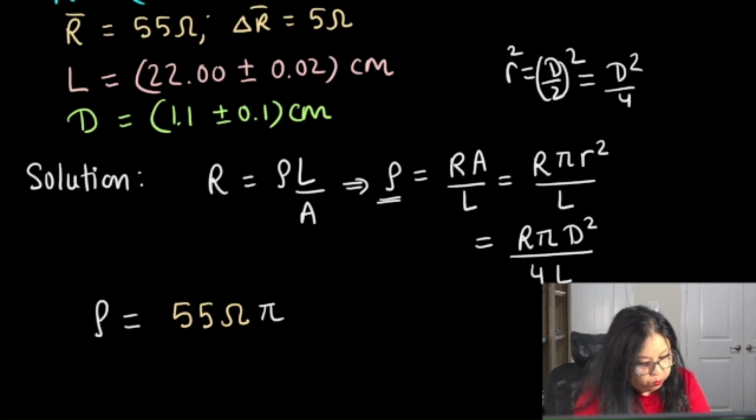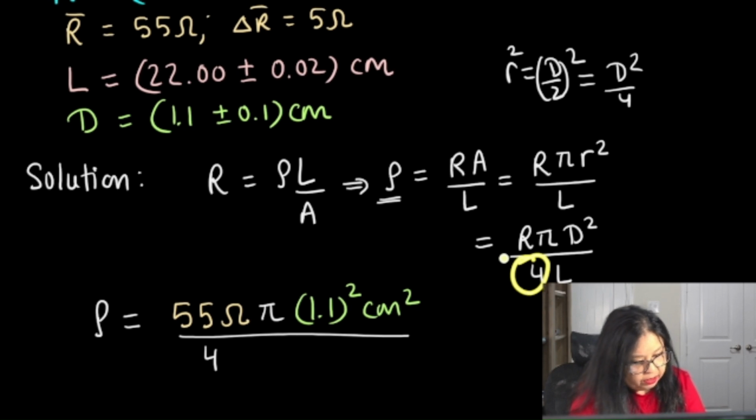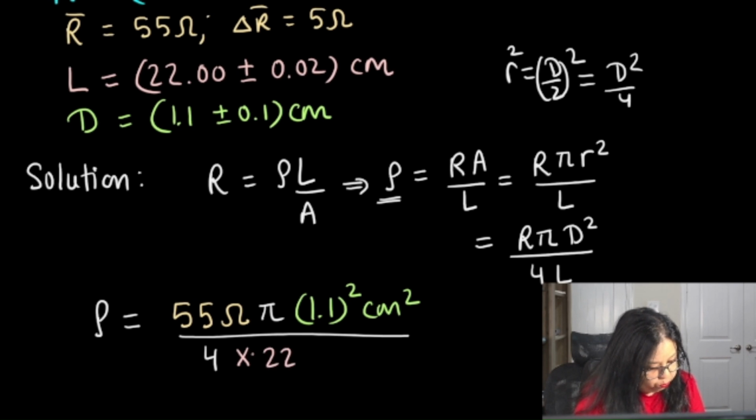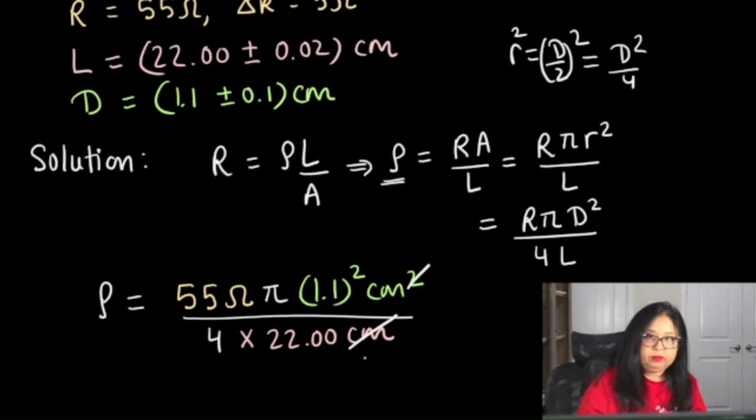So I'm going to write 1.1 squared centimeter squared divided by 4, times L. What is L equal to? L is equal to 22.00 centimeters. Right away you will notice that centimeter cancels out one of the centimeters at the top.